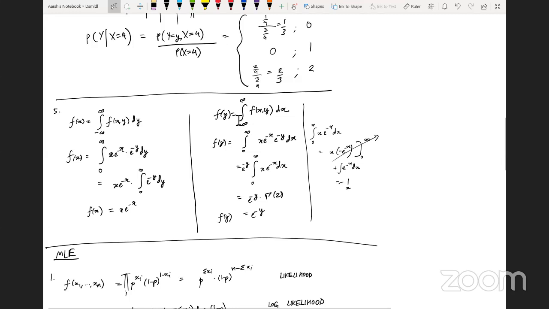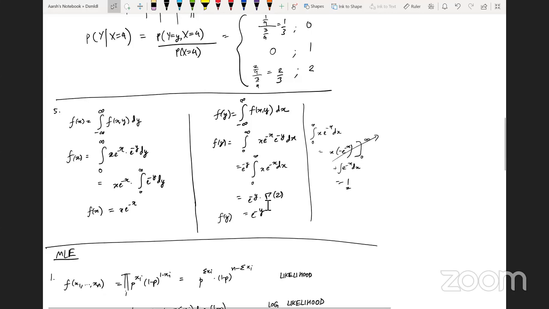And if we want to consider f of y, similarly, you can integrate this, and you get the integral of x e power minus x e power minus y dx, because you want to find y. One more thing, for x e power minus x dx, you can either integrate this by parts, or you can use the fact that this is equal to the gamma function, gamma of 2. If you remember, in the lecture we had mentioned the gamma function while describing the gamma distribution.